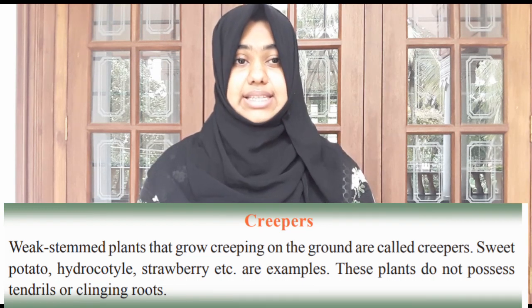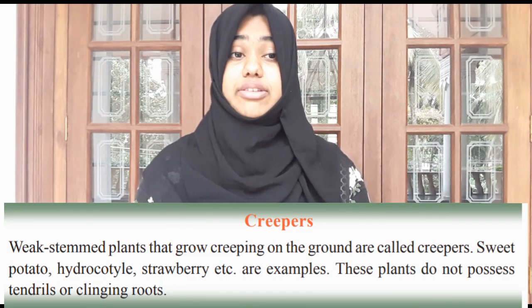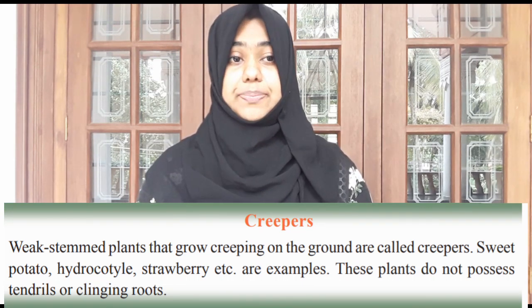Then what is the difference between climbers and creepers? The only difference is that climbers climb up on another tree and grow, and creepers grow on the ground. Alright. So let's read what a creeper is. Weak-stemmed plants that grow creeping on the ground are called creepers.